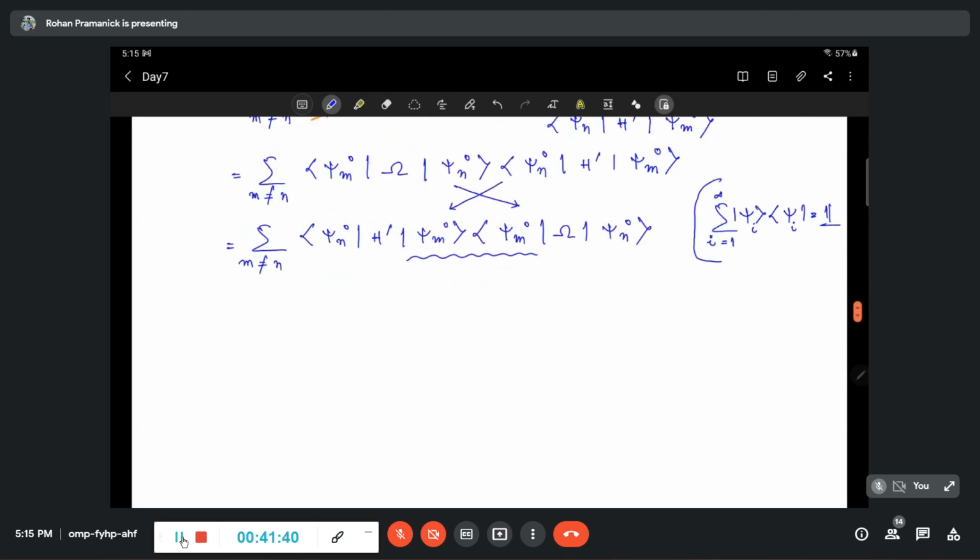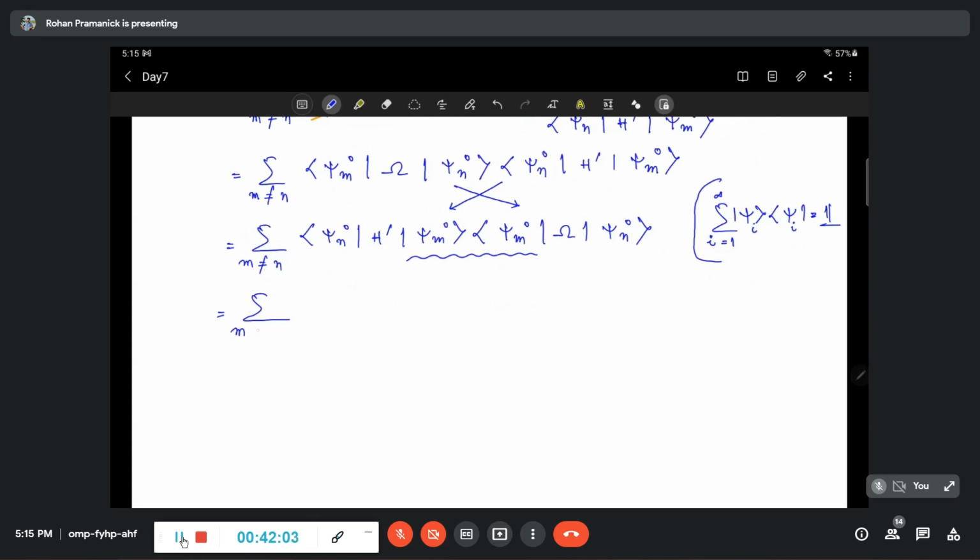So you see that if you had psi n0 within this thing, then you would have the psi m0 ket and psi m0 bra equal to 1, because they form a complete eigenset, but they do not have the psi n0. So what we do is allow this summation to run over all possible eigenstates.